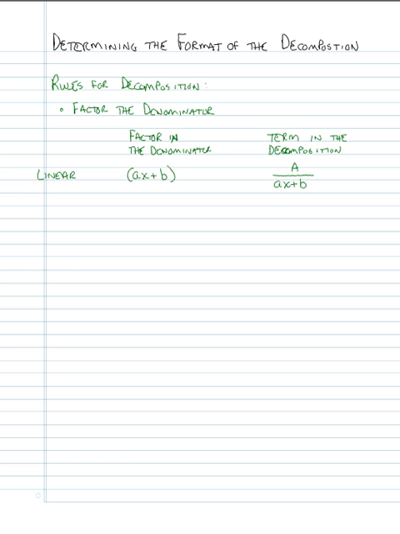Now, the next possibility is we have a factor in the denominator of the original function that we call a repeated factor, okay? So a repeated linear factor in the denominator of the original function, what we're trying to decompose.